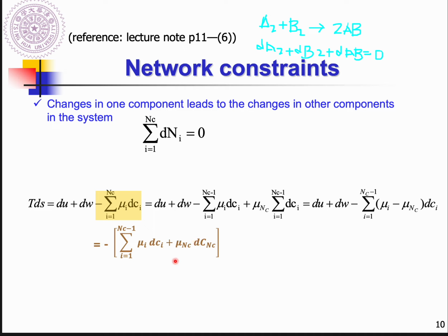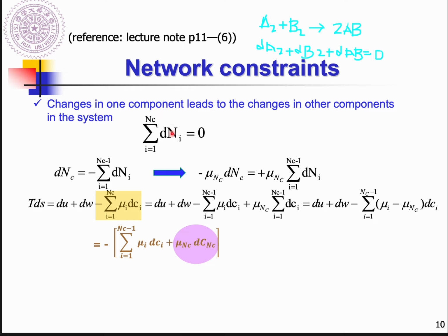Then next, I try to substitute this term. Based on the network constraint, we can express it like this: the summation from I equals 1 to NC minus 1 of dNi, with a minus sign, equals dNC, right?